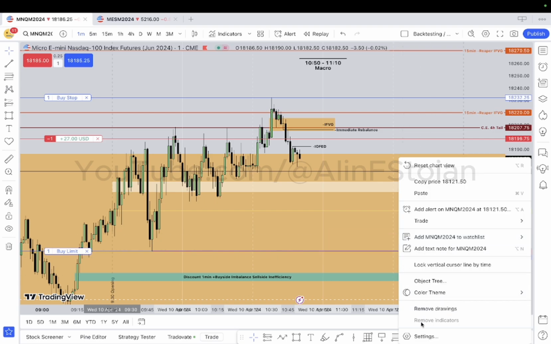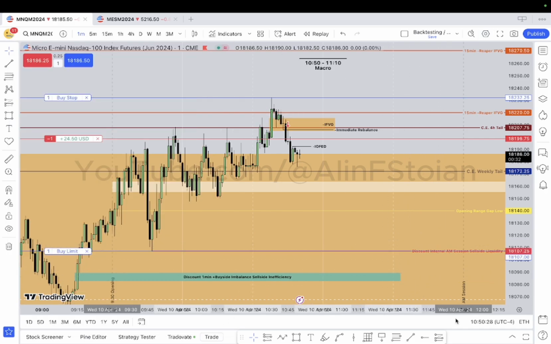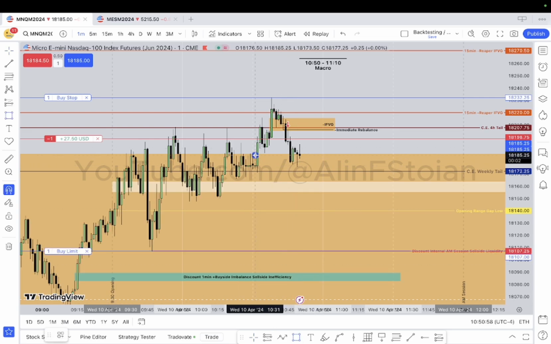Let me also do this. Once again, what I'm looking at is this fair value gap, but also this one is very important to me.